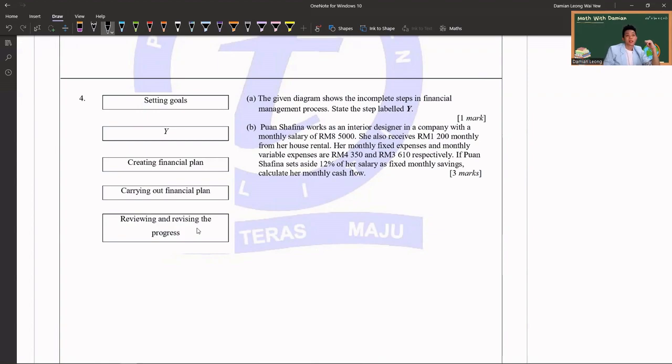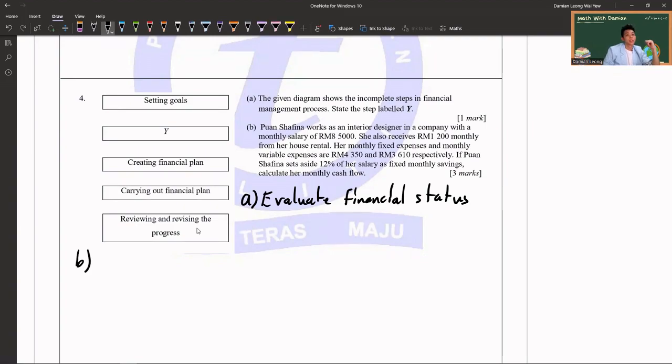So this one is on the financial management process. After setting goals, the next thing we have to do is evaluate our financial status.